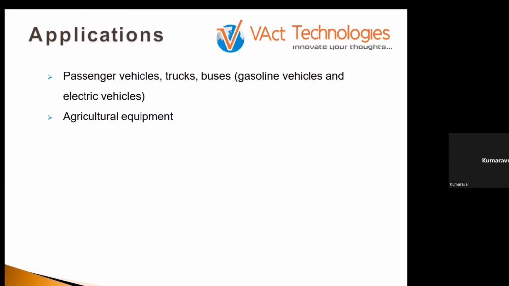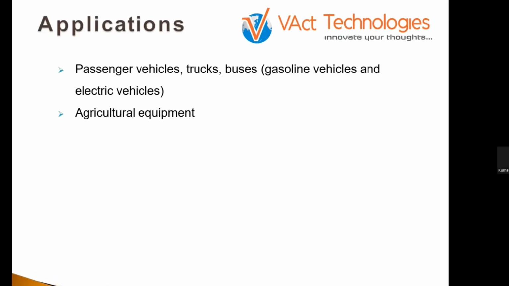So what are all the CAN applications? Right now we have seen an introduction about CAN, where it is used, and how it avoids arbitration collisions. Now the applications: it is predominantly used in automotive because it gives a lot of advantages, which I will give you in the next slide.